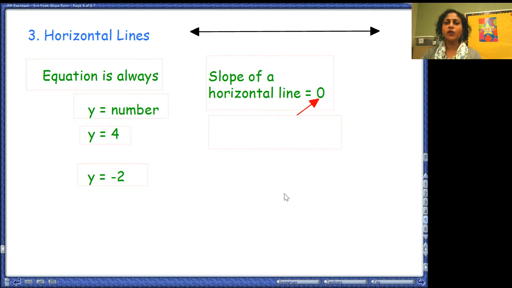And the slope of a horizontal line is always 0. In math, 0 is a number. It means there is a number there, but it's nothing. So the slope of a horizontal line is 0. It is not no slope. No slope means there is no slope. 0 slope means there is a slope, and the value of the slope is 0.